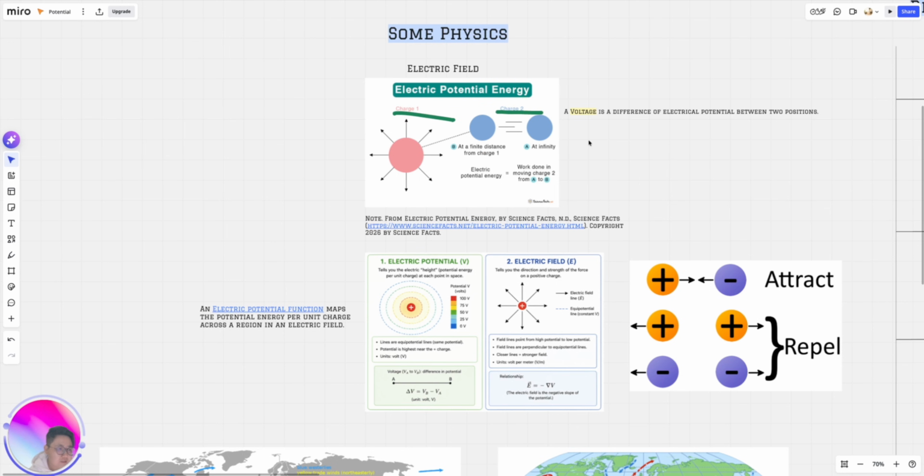We have different things, let's call them things, that have charges. Some are positive, some are negative. And those things together compose an electric field. Without those charges, we wouldn't have a field.